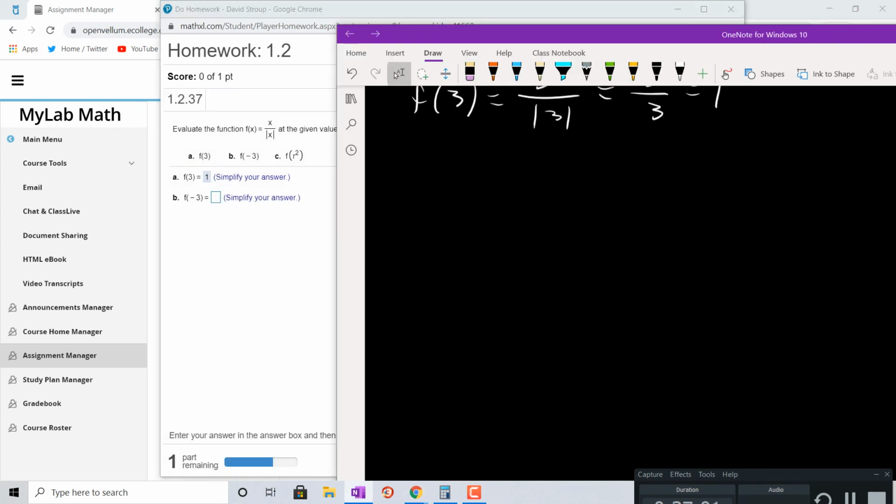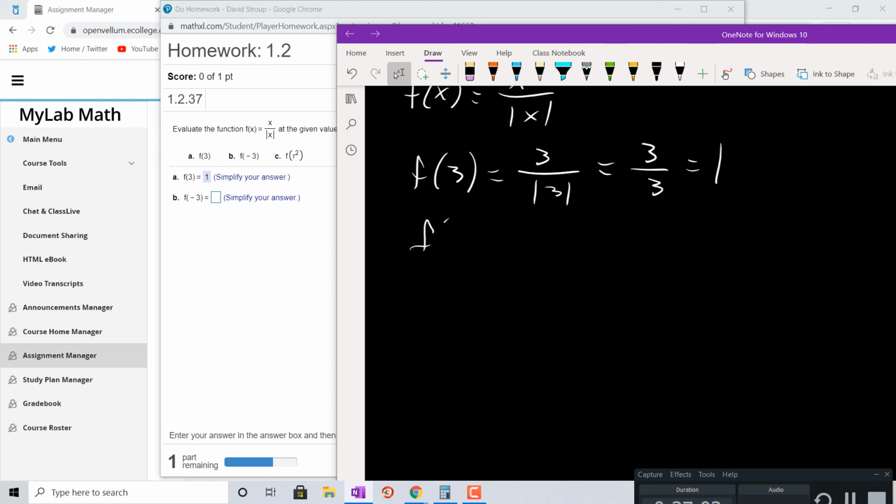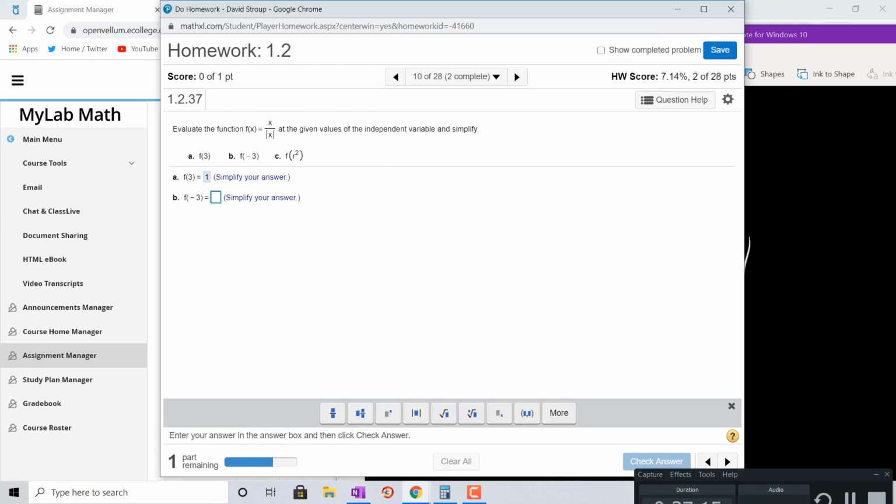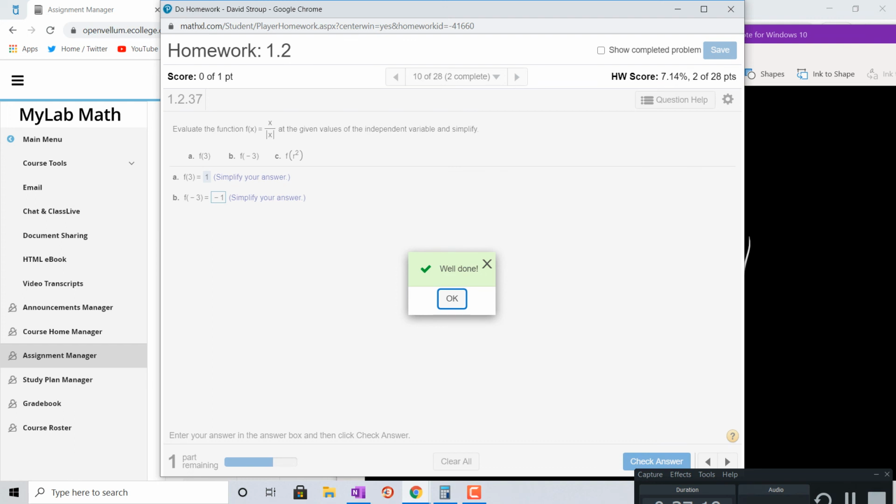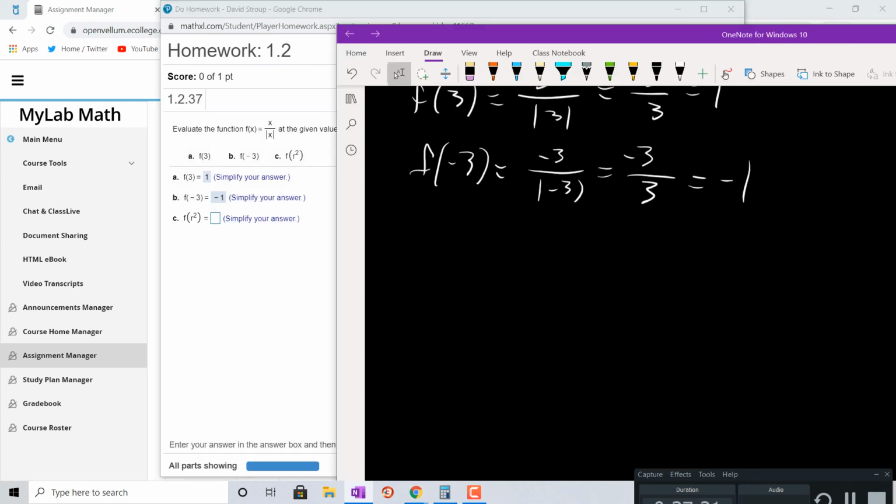And -3. -3 over the absolute value of -3. So the absolute value of -3 is 3. -3 over 3 is -1. And then f of r squared. So I have r squared over absolute value r squared.